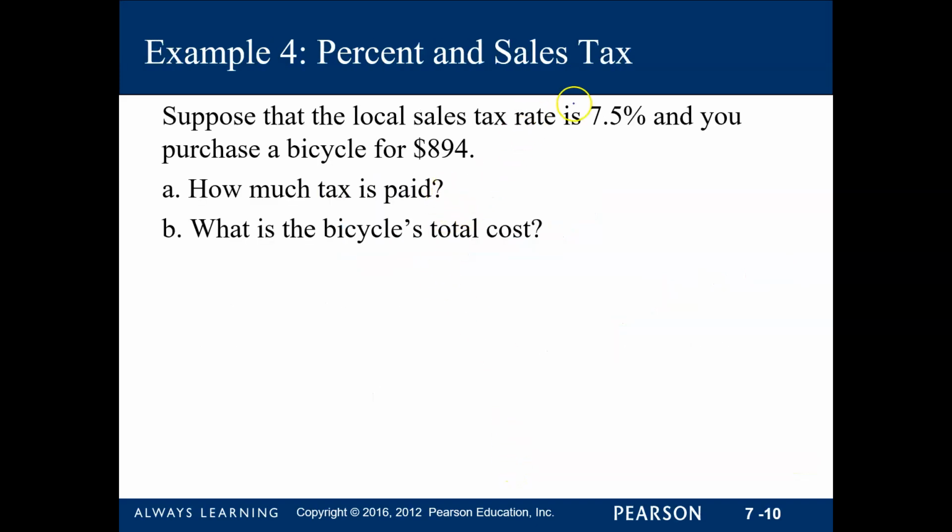So let's have this example here. We have a purchase of a bicycle for $894 and the sales tax rate is 7.5%. How much tax is going to be paid for letter A? The sales tax will be the tax rate multiplied by the item cost.